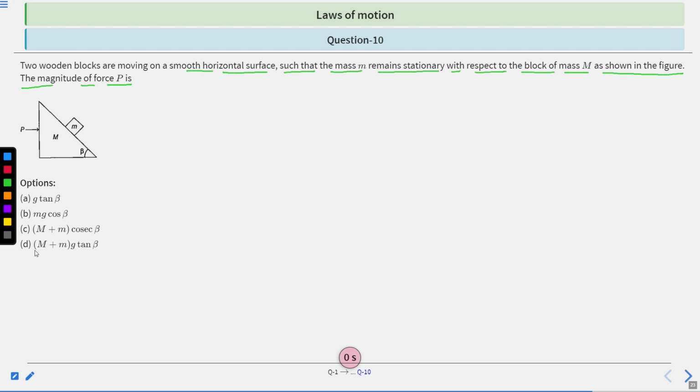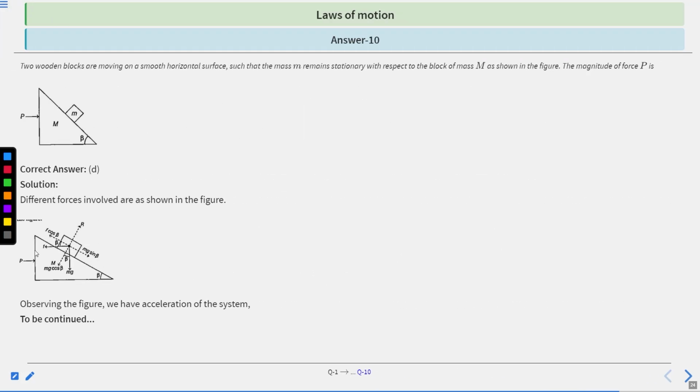Let's find a solution. Different forces are involved as shown in this figure. Observing the figure, we have the acceleration of the system.